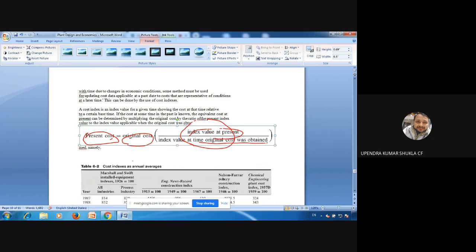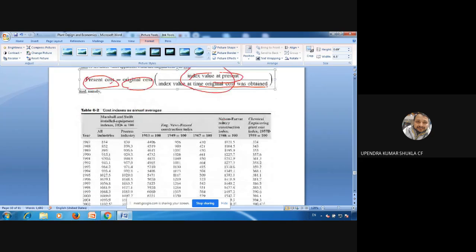Okay, now there are different names for cost indexes as well. The Marshall and Swift installed equipment index is one, the second is the Engineering News Record construction index, and third is the Nelson Farrar refinery construction index.